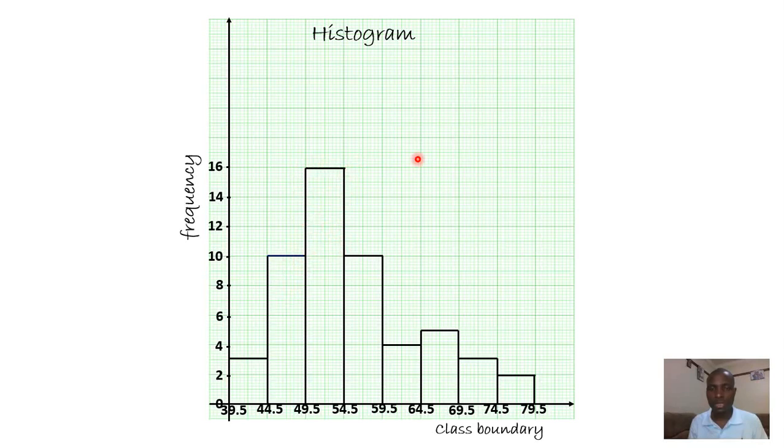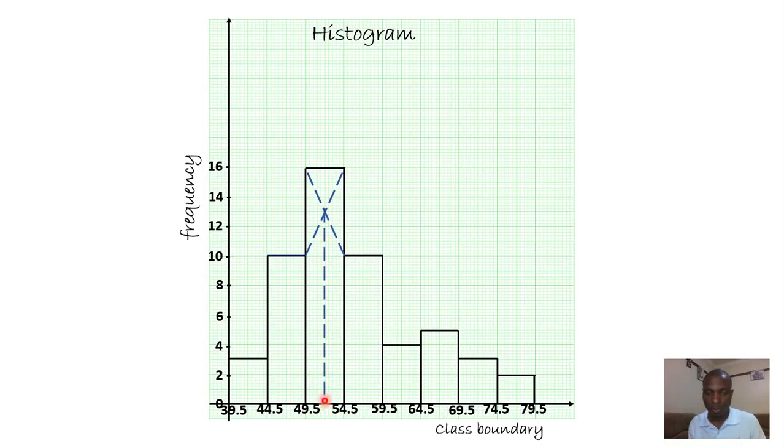Then where they meet, we shall drop a vertical line. You need to use a ruler and draw a line downwards.